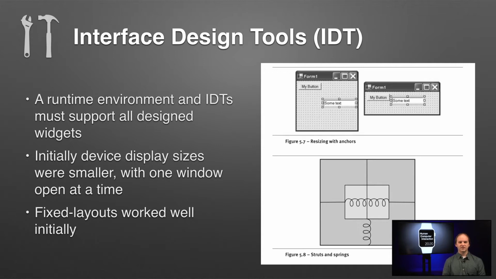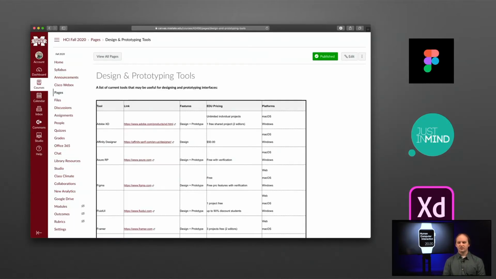We talked about interface design tools, and we watched the video of Apple's HyperCard that they had 30 years ago, and all the things that it could do. And then we also talked about some of the more modern tools.